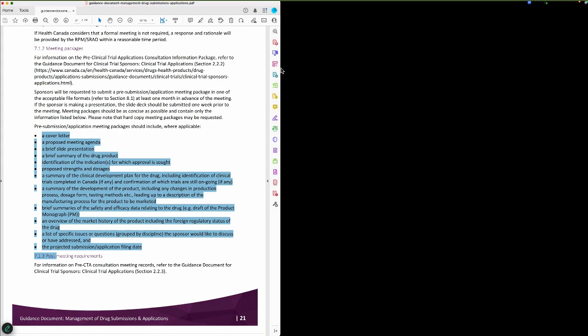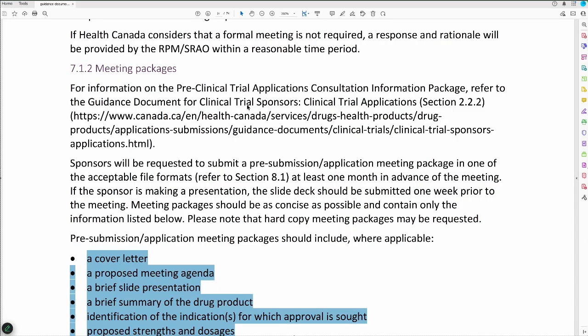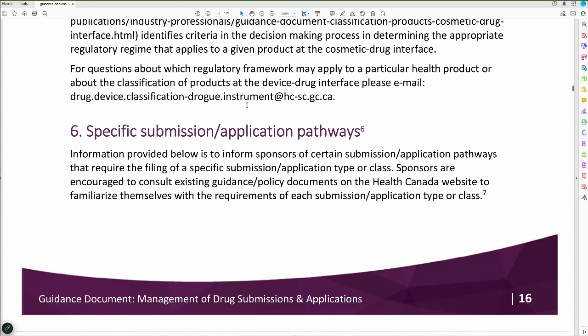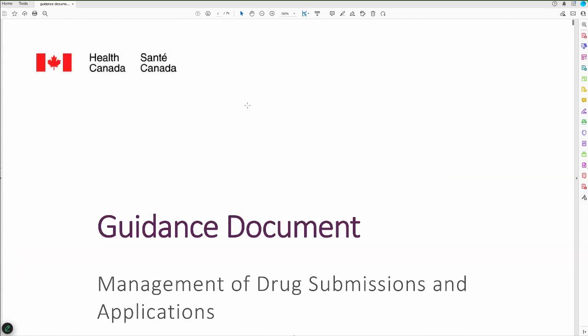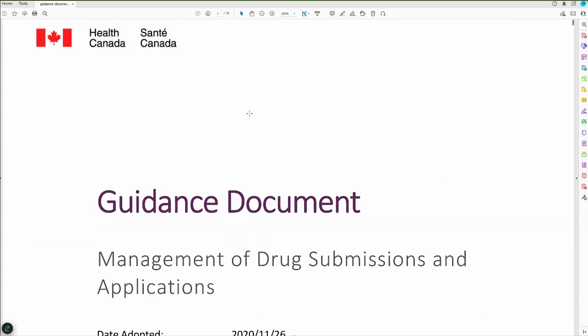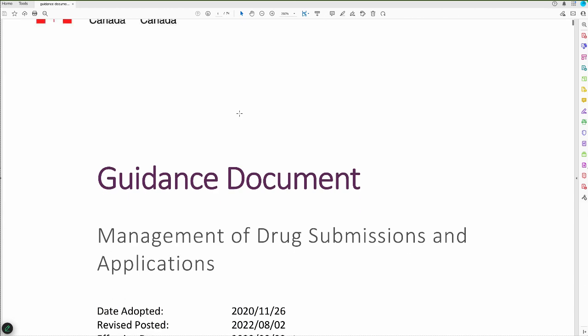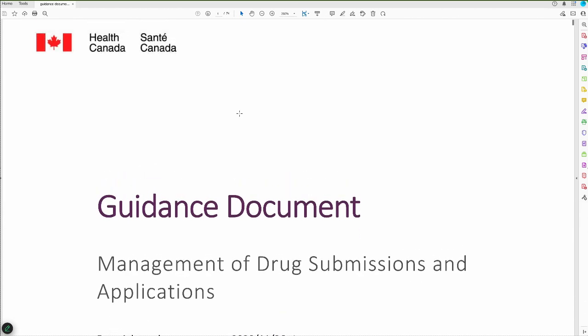Okay, so in a nutshell, what we saw today was going over the guidance document, which is, again, management of drug submissions and applications of Health Canada. We looked into section 7, which is related to the preparation of the pre-NDS submission meetings, and we talked about packages.